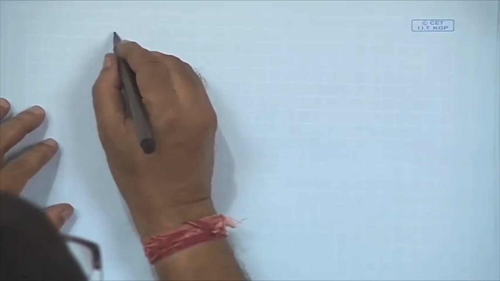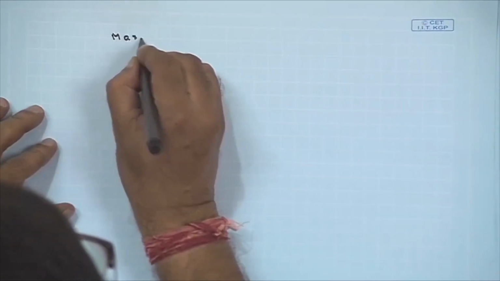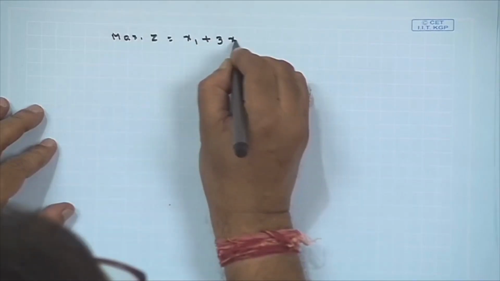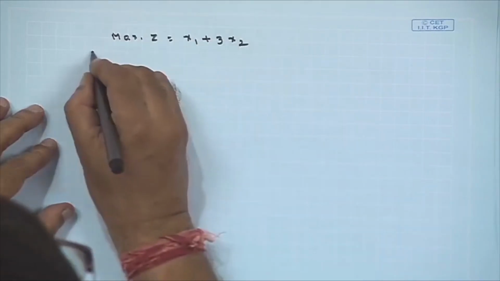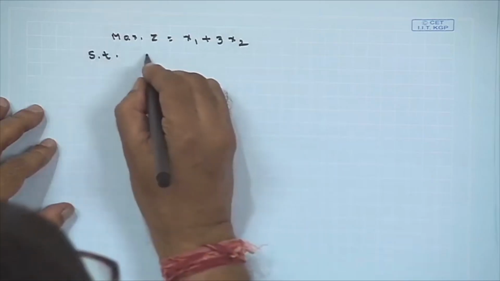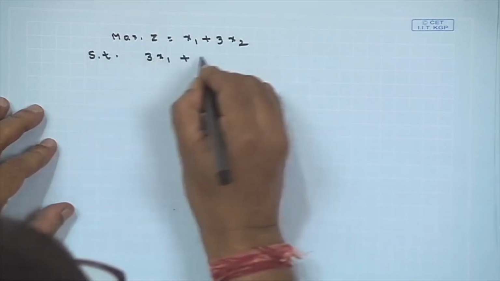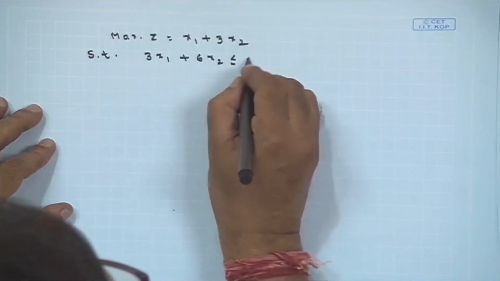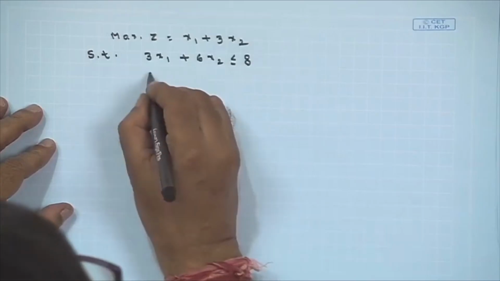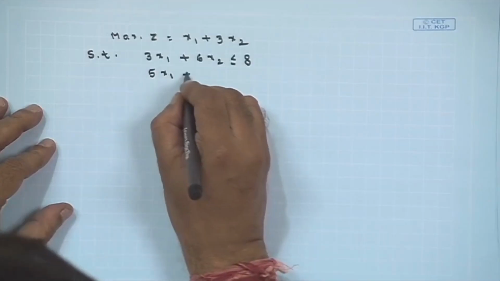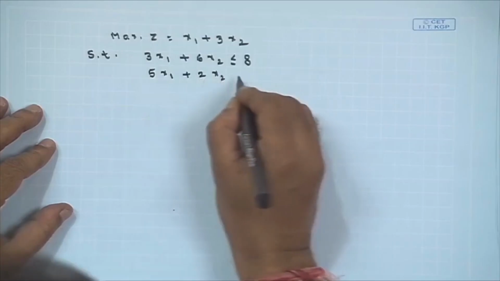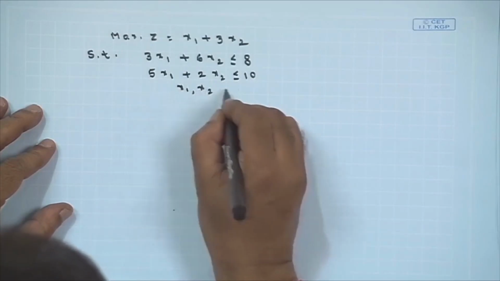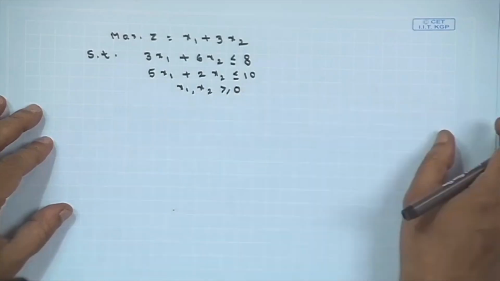Maximize z equals x1 plus 3x2 subject to 3x1 plus 6x2 less than or equal to 8 and 5x1 plus 2x2 less than or equal to 10, x1, x2 greater than or equal to 0.